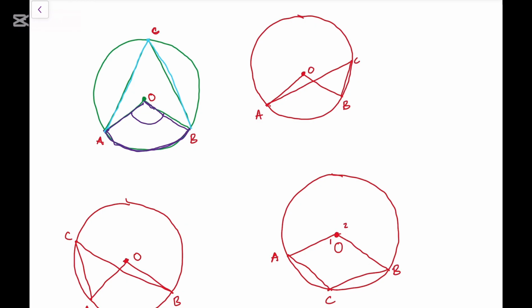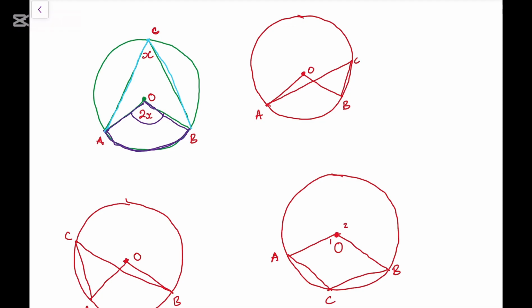So that means here, if the angle at the center is 2x, the one that is at the circumference will be what? Will be x. The one that is at the center is bigger than the one that is subtended on the circumference. So angle at center is always equal to 2 times angle at the circumference.